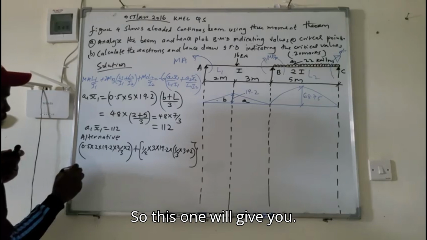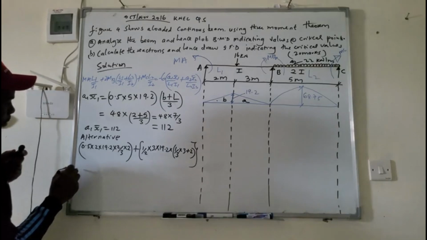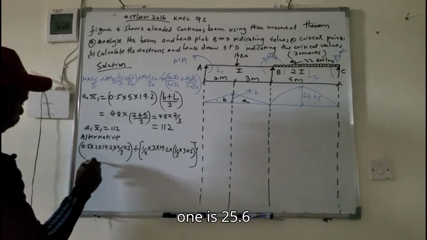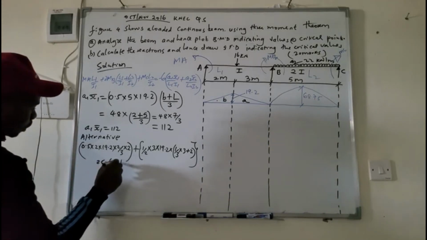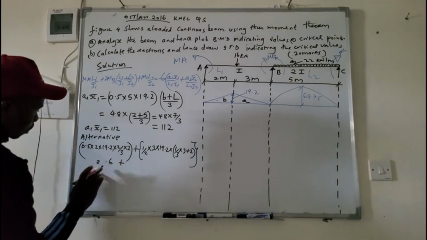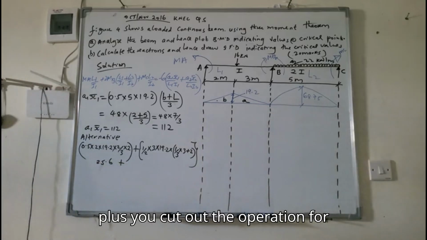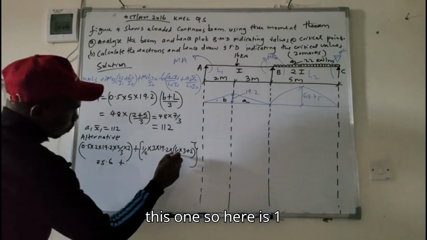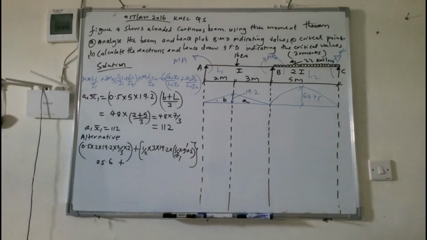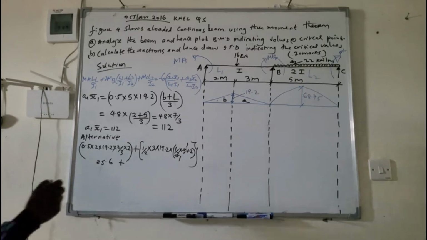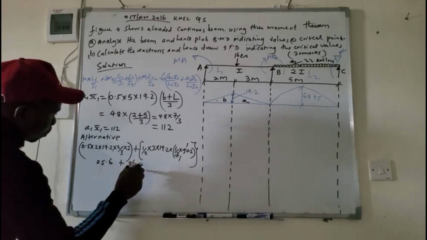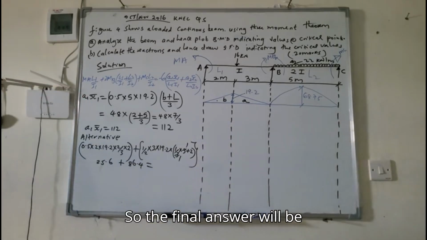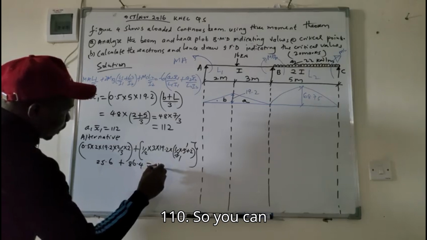So this one is 25.6 plus 86.4. So the final answer will be 112.